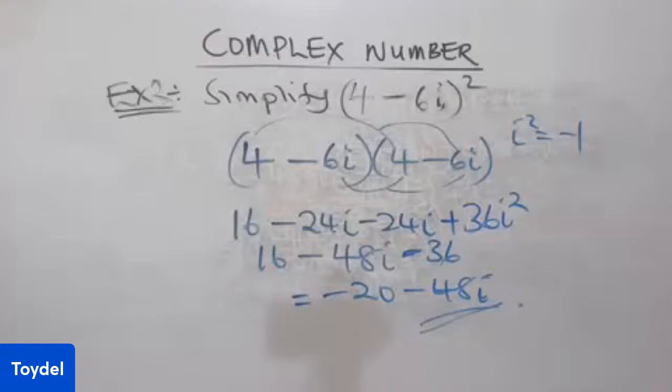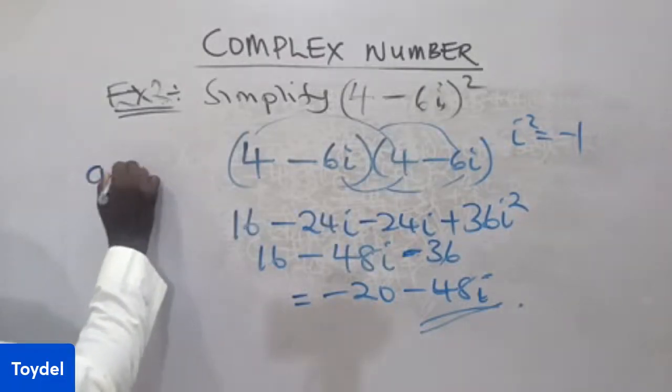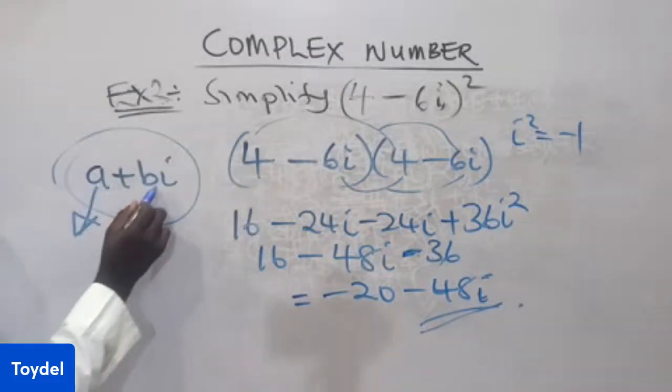So let me just read the recap of what we have discussed today, then we continue from there in the next class. I was able to introduce complex numbers, and I said that complex numbers are numbers that consist of two parts, the real and the imaginary part, as we have it on the board. The constant is called the real part, and where we have this i is the imaginary part.